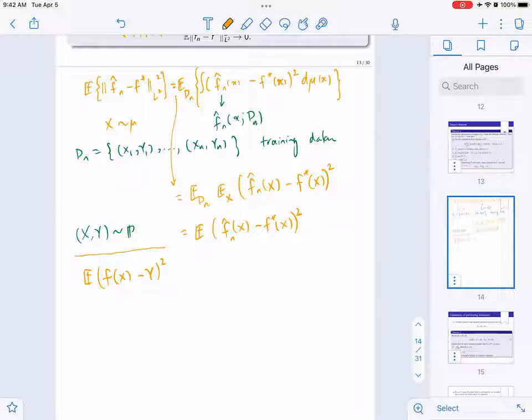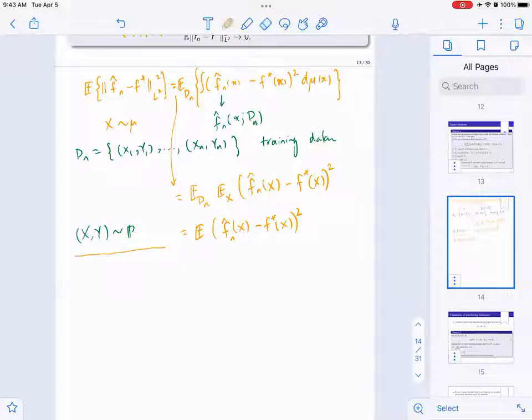So you want to predict the next y associated with this one, and this is a loss function for your f. What I'm doing here is, instead of y, I'm looking at f star x, which is the best prediction of y given x under the population. So you can decompose that loss into this.